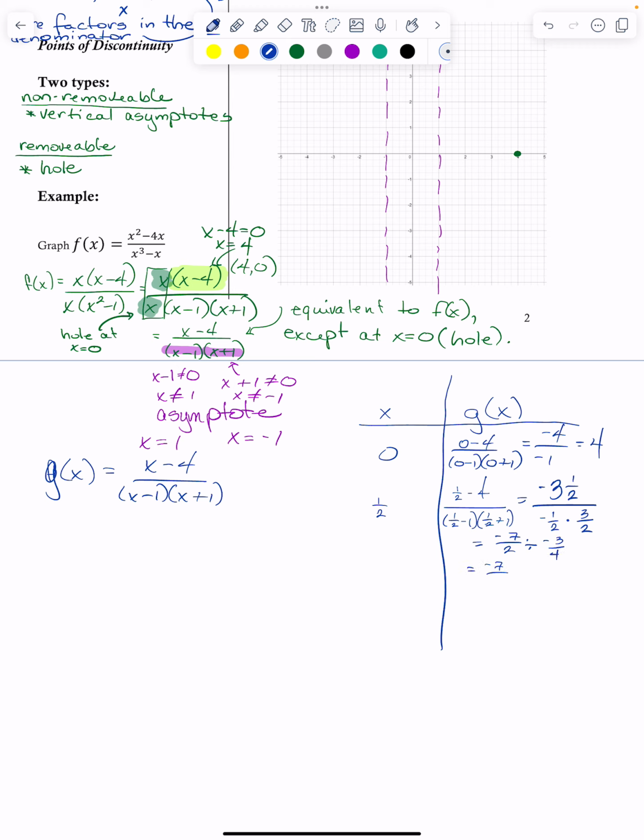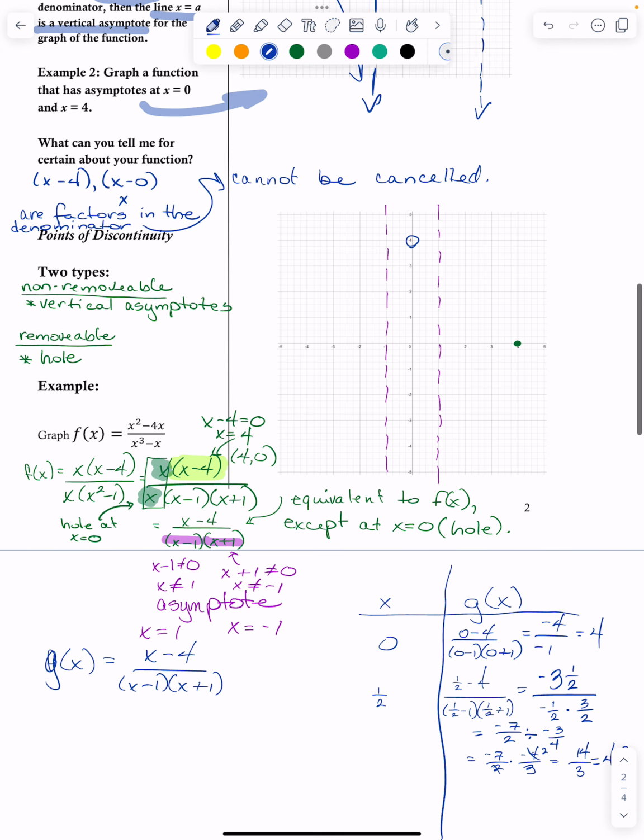Negative 7/2 times negative 4/3. I'm going to cancel my 2's here. I get positive 14/3, which is roughly 4 2/3. Cool. At positive 1/2, 4 2/3-ish right there. So I know this side is going up this way.